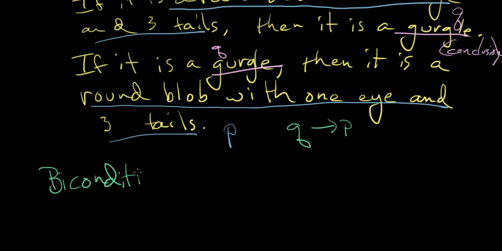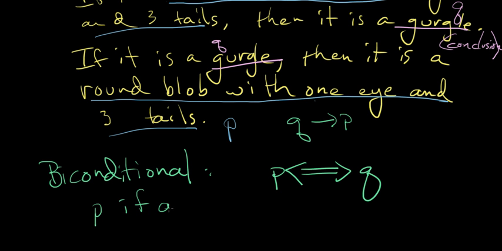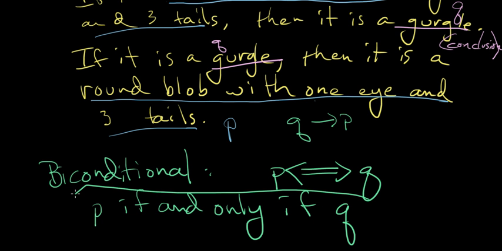A biconditional is when it's true in both directions. We write that like this, P and Q, and we say P if and only if Q.